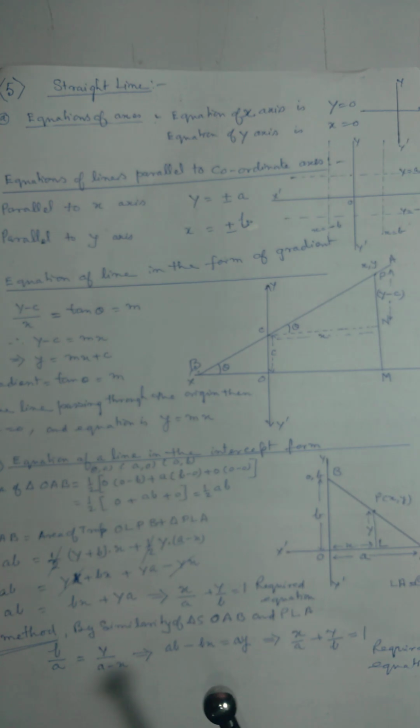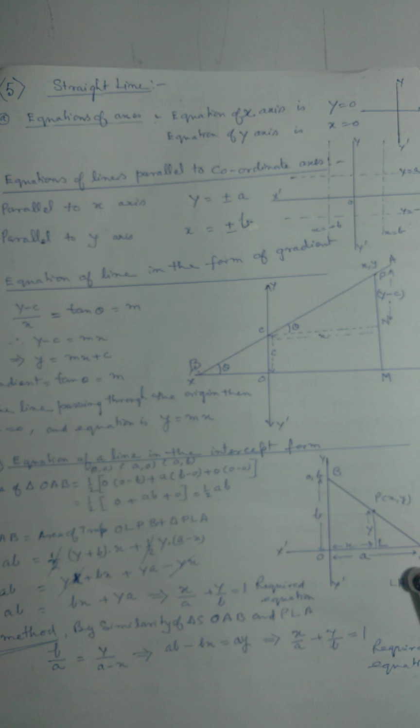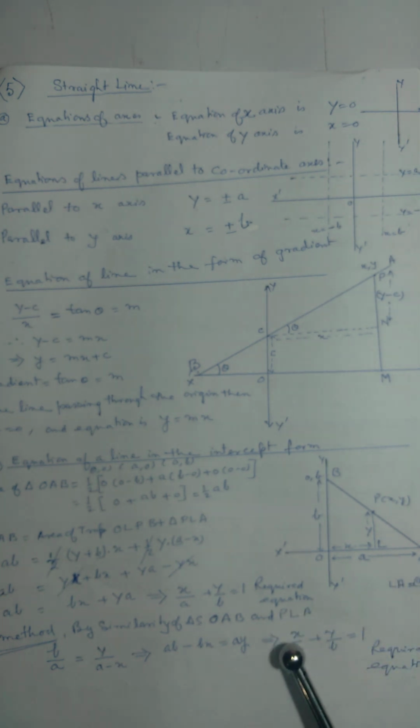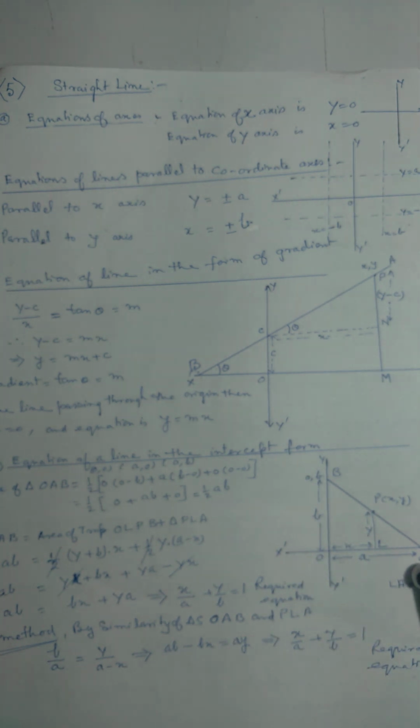The second method, by similarity of the triangles OAB, the bigger one, and PLA, the smaller triangle. So b upon a will be equal to y upon a minus x.